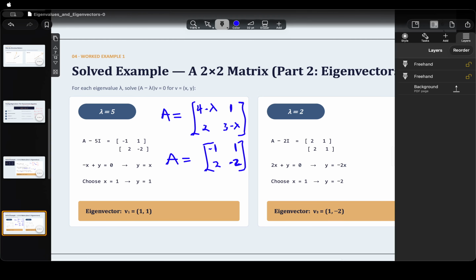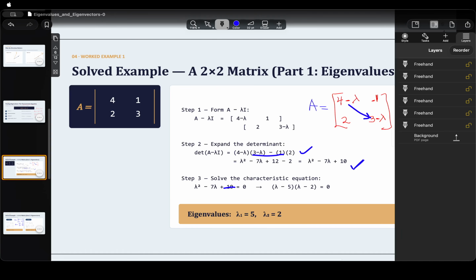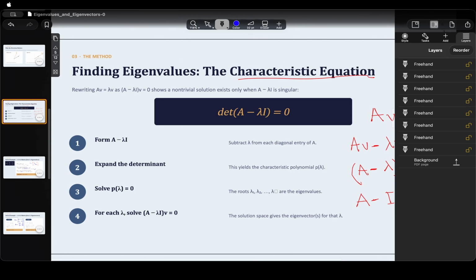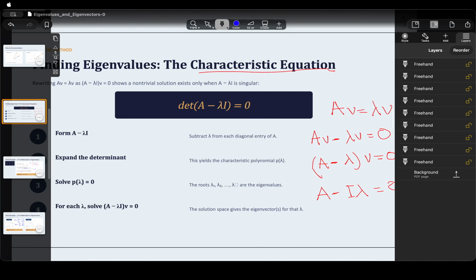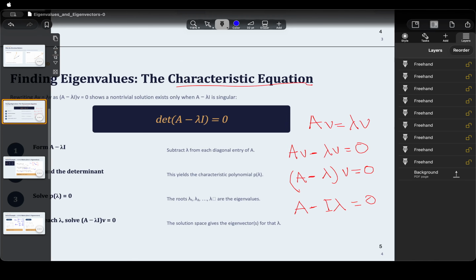So you have A minus lambda I to be equal to this. So looking at it from here, it's just our initial A minus lambda I, which is equal to this. And this is the initial formula that we had. So for each lambda, this is what we saw: A minus lambda I V equal to 0. Like when we started from here as well.